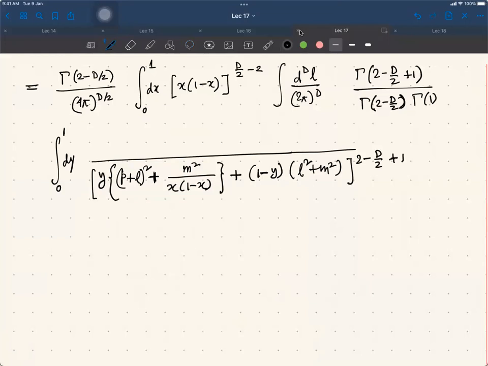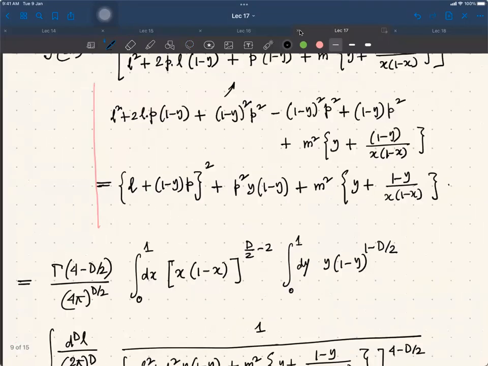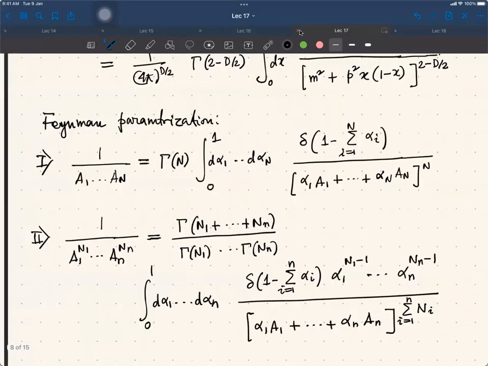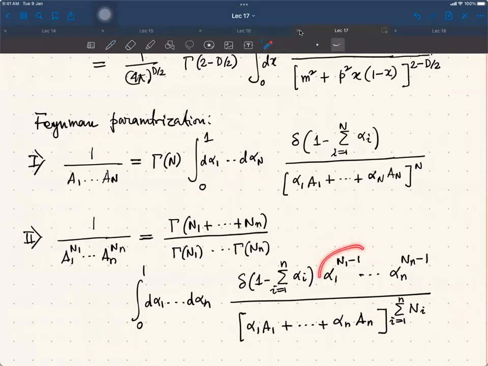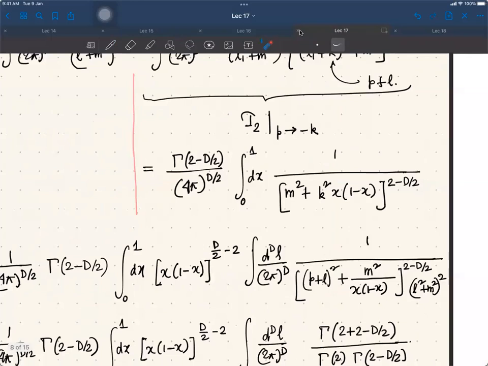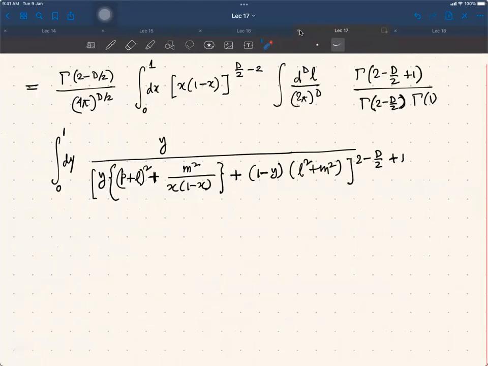Upstairs we have alpha 1 to the power n1 minus 1, which is y to the power n1 minus 1. Let's check that: that's 2 minus d by 2 minus 1, which is 1 minus d by 2.